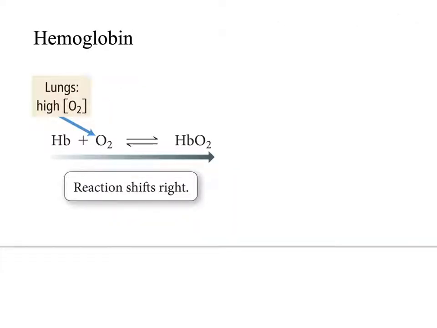Here is an equation representing the hemoglobin equilibrium and oxygen binding. We have to think about 2 different places in the body, the lungs and the extremities or the muscles.